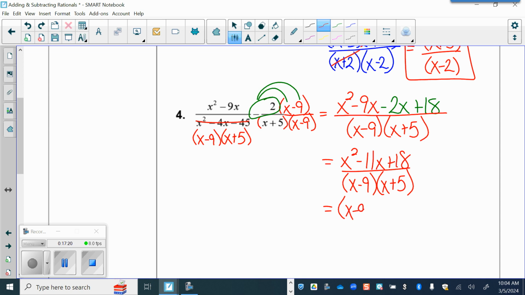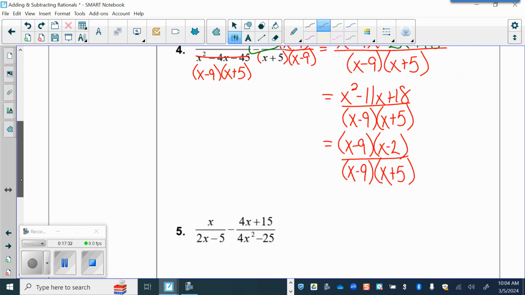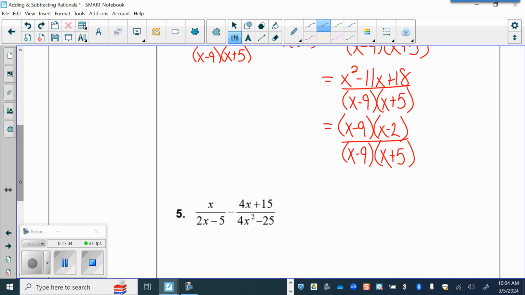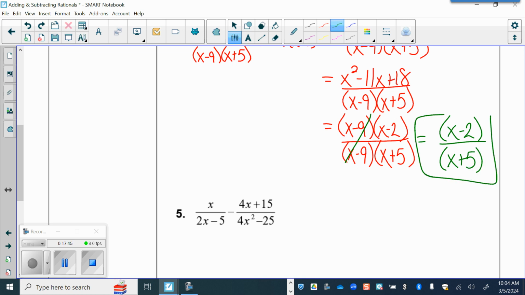Sometimes stuff will cancel, sometimes it won't. In this case, I can eliminate. Final answer is x minus 2 over x plus 5. I really thought I had spaced these out far enough, but I didn't. Sorry about that.